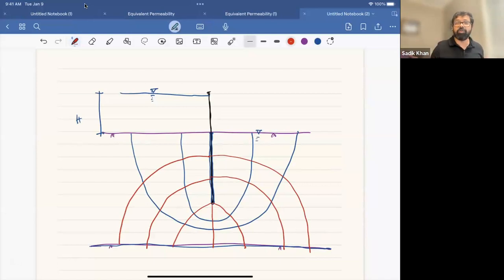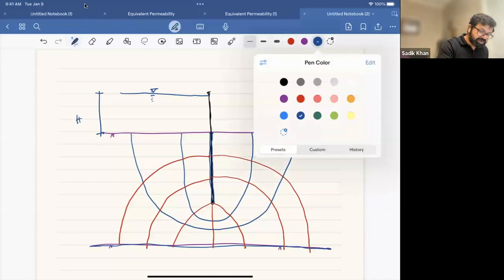Now, what is common within a flow net? Within the flow lines, how many flow lines do we have here? How do we calculate the flow lines? Number of flow lines, NF, right? So what is the NF?